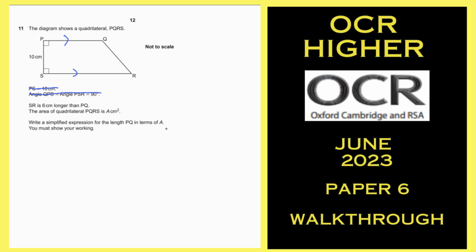It's all on the diagram. Here's the key bit. S to R is 6 longer than P to Q. As with a lot of maths, let something equal X, and then you can write something else down here, in this case, X plus 6. The area of the quadrilateral is A.